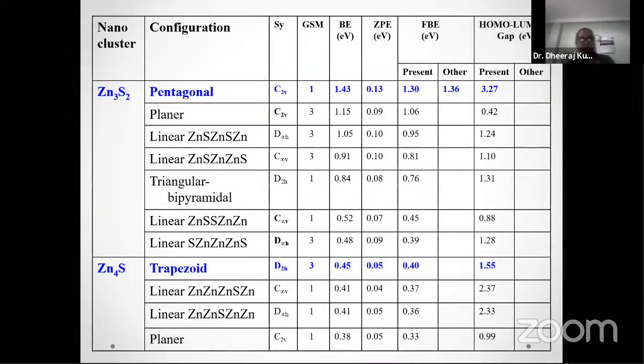So the last 2 configurations for 5 atoms, Zn3S2 and Zn4S configurations, have pentagonal and trapezoid structures because of their highest final binding energy, and there are no candidates available having imaginary vibrational frequency. Next.